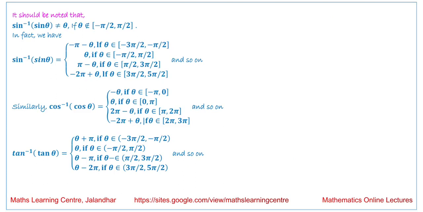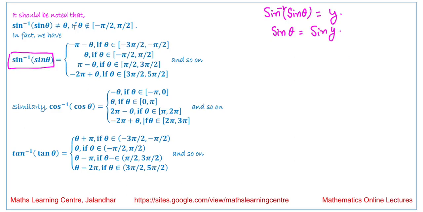The first formula we have is sine inverse of sine theta, where the value of theta belongs to R. How we are going to solve it is, we say sine inverse of sine theta is equal to some y. So sine of y is equal to sine of theta.